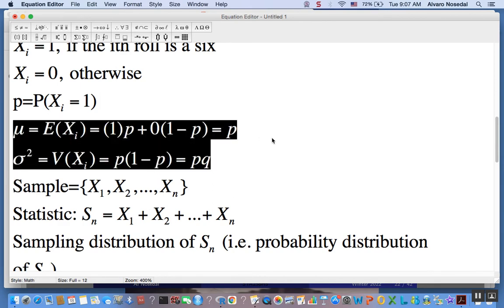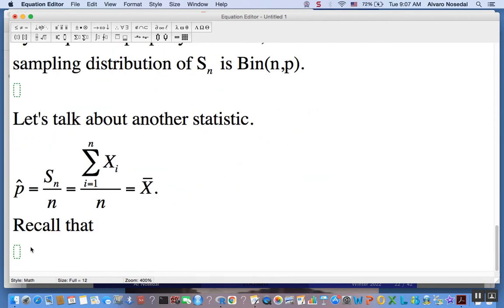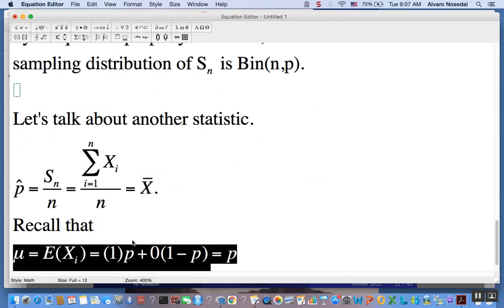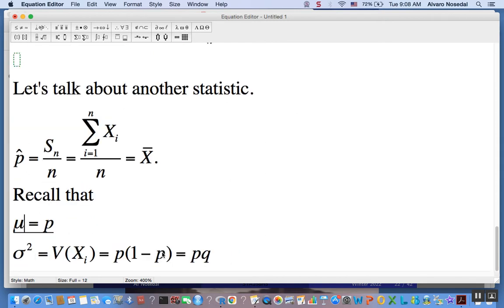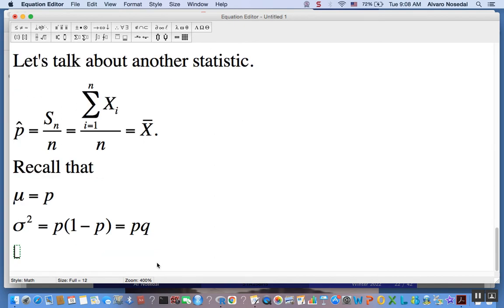Recall that the variance of Bernoulli is p times q, right? So this is x bar.